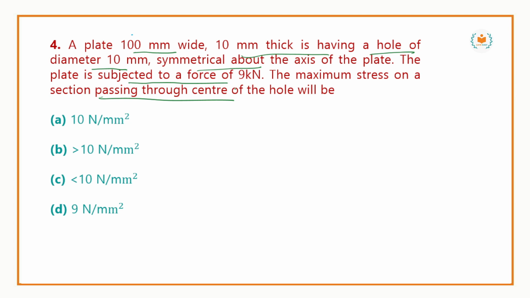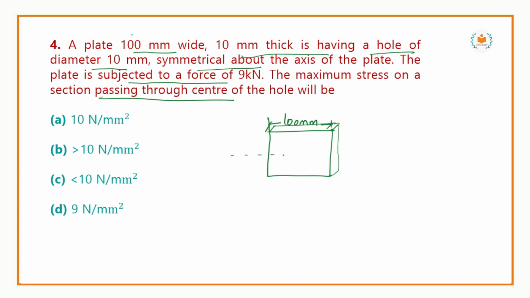So the question we have to understand here, we should consider a plate having 100 mm wide. So let us take this as 100 mm wide. Now it is having a thickness of 10 mm. So let us assume the thickness perpendicular to this. So this is the thickness.